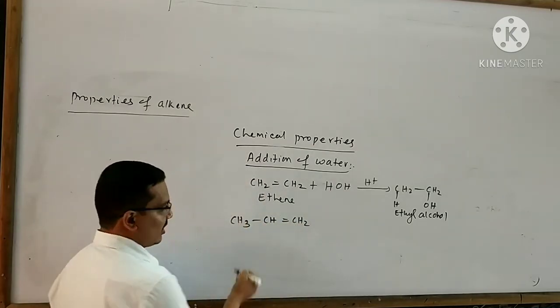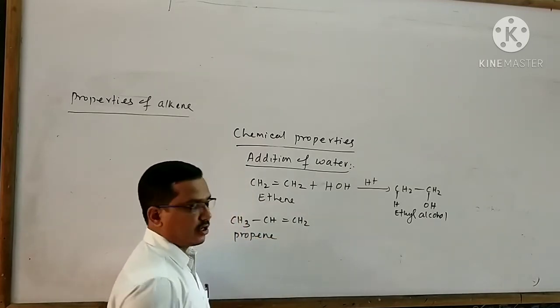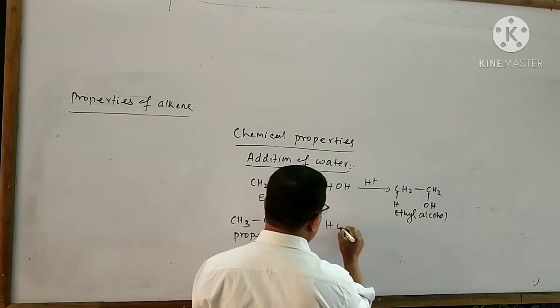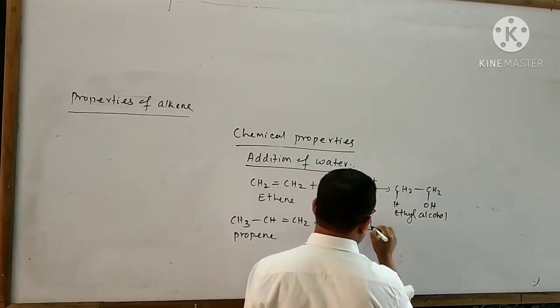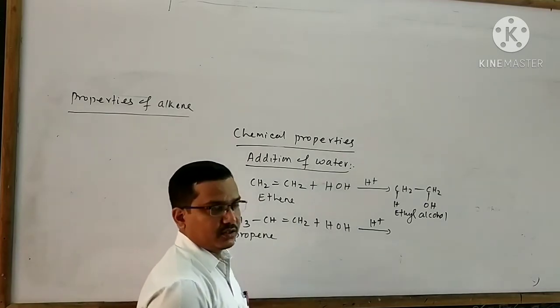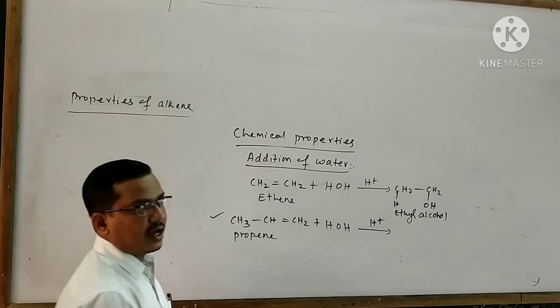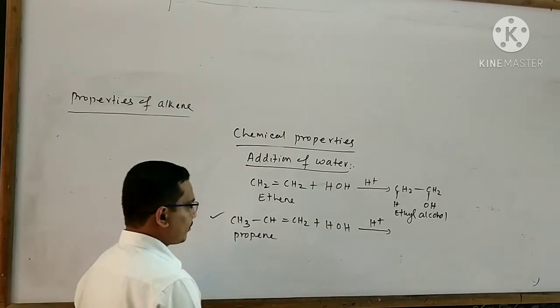The name of this reactant is said to be propene. When propene is subjected to reaction with water in the presence of H+, then what will happen? H+ and OH minus ion will be formed, and this reaction obeys the Markovnikov's rule.